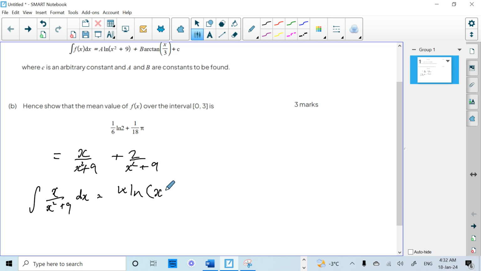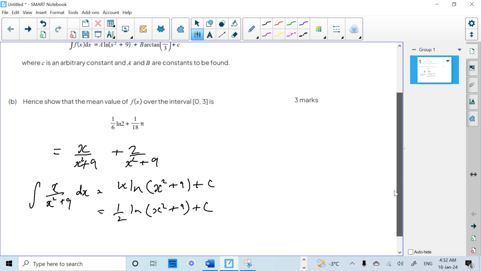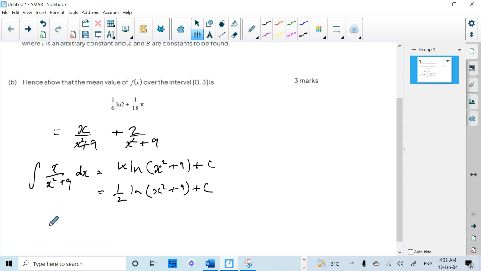And that will give me a half log of x squared plus 9 plus c, because we take this part, half. So that's the required form of the integration.